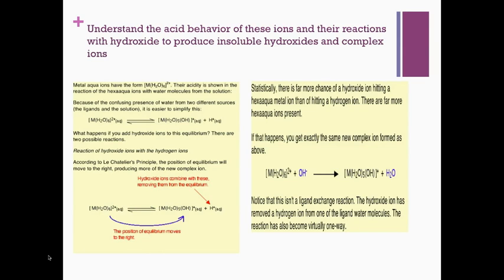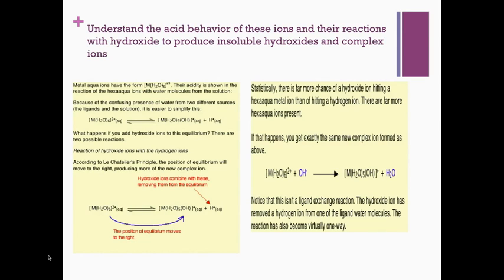If you add hydroxide ions, what you'll do is move the position of the equilibrium to the right, and the hydroxide ions combine with the H+ ions, removing them from the equilibrium. Now, that is what could happen.